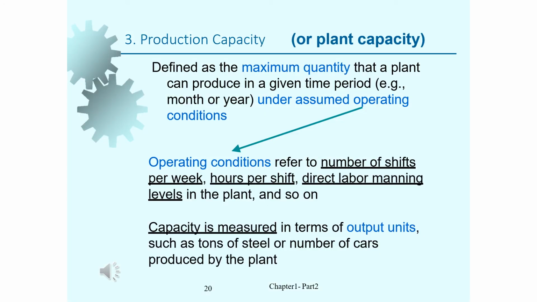So what is production capacity or plant capacity? This is how much you can spit out of a plant, the maximum quantity over a given time period, right? With certain conditions. Operating conditions refer to the number of shifts, hours, manning levels. Capacity is also in terms of output limits, tons of steel, number of cars produced.